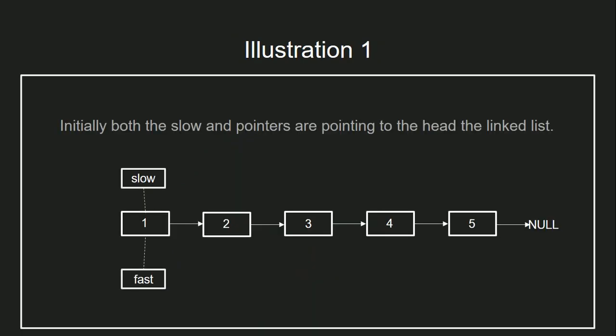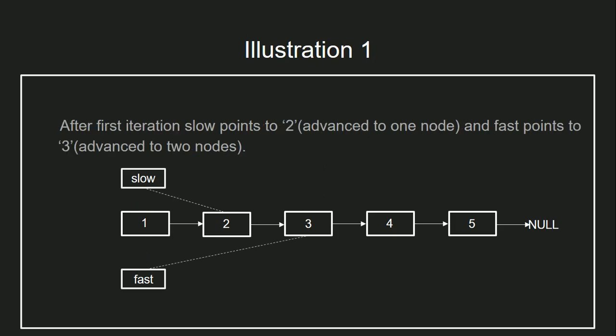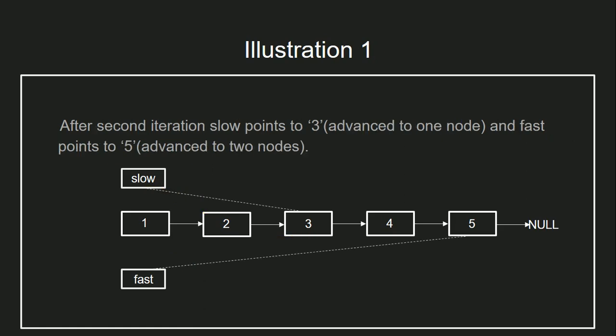Now let's illustrate this pseudocode. At first we will take a linear linked list and check for the function. Initially both the first and the second pointers are pointing to the head of the list. After the first iteration, the slow pointer will be moved to 2 and the fast pointer will be moved to 3. After the second iteration, slow will be pointing to 3 and fast will be pointing to 5.